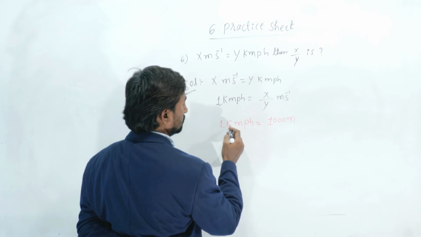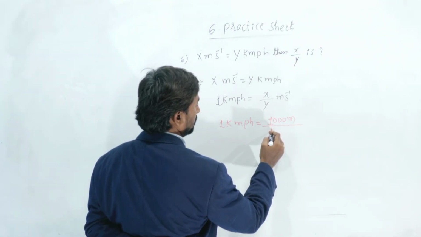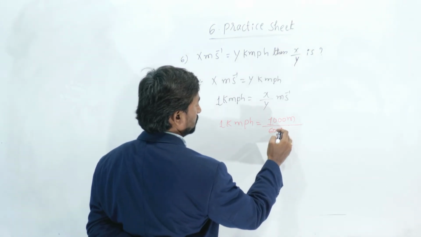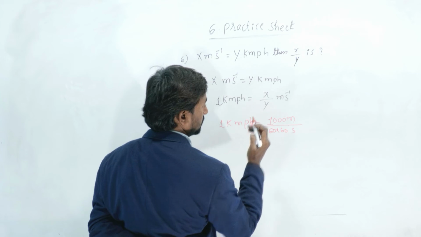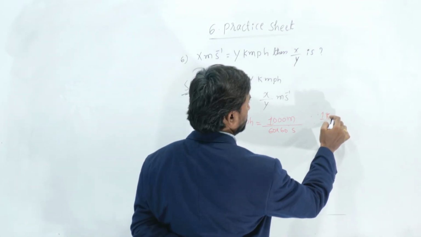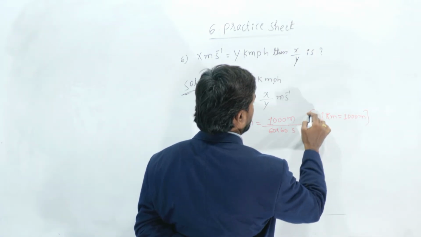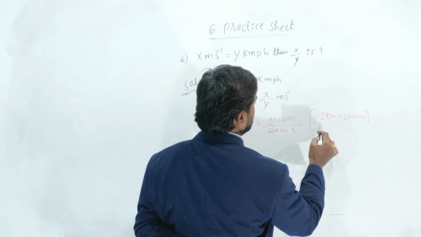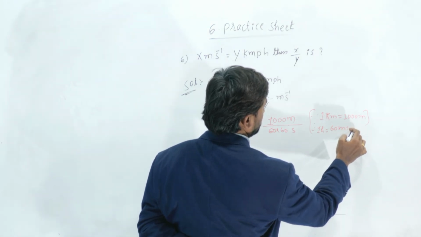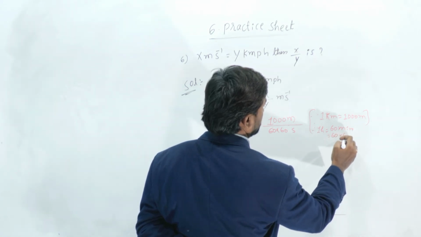And per means divided by hour. 1 hour, how many seconds? 1 hour is 60 minutes, and 1 minute is 60 seconds.